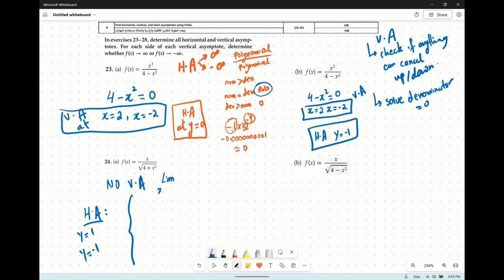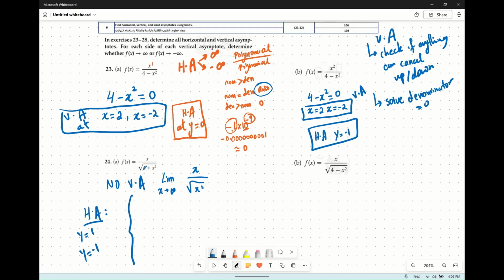You start by saying limit as x approaches infinity, x over square root of 4 plus x squared. Now look, whenever we look under the root, we get rid of anything except the term that has the highest power. So here this is 4, this is x squared. I will get rid of the 4. What will stay? x squared will stay. So now I have x over root x squared.